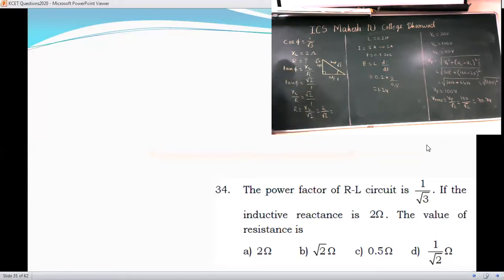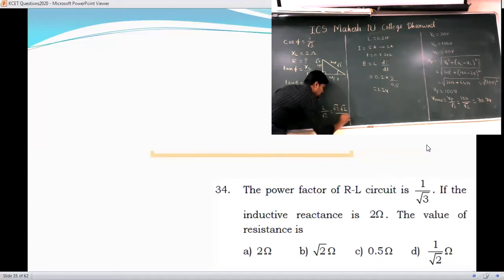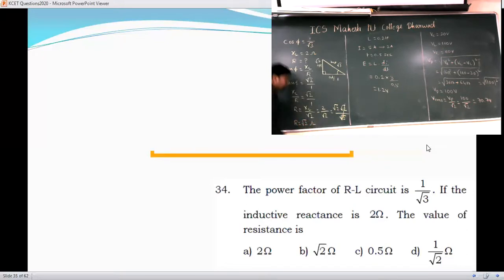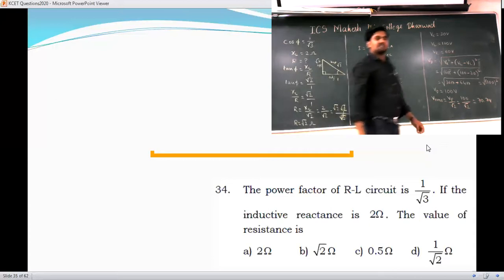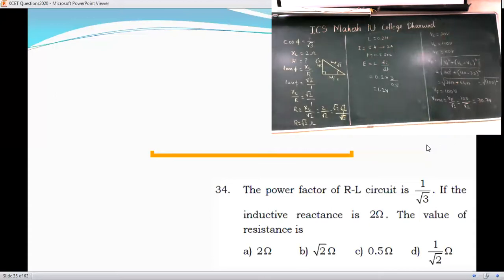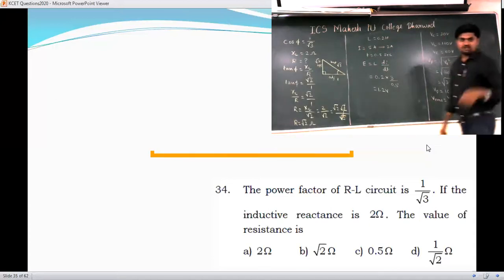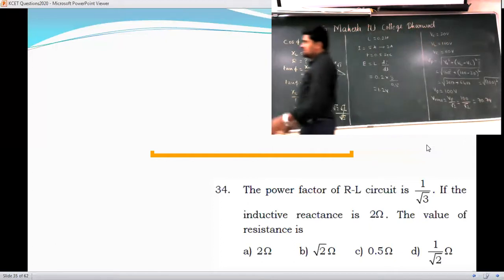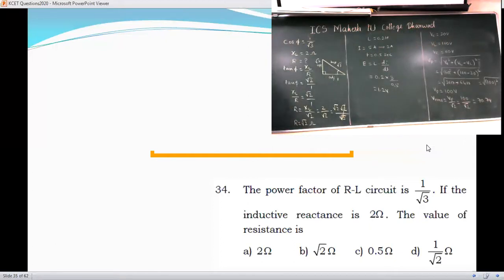I can write this as root 2 into root 2 divided by root 2. So root 2 gets cancelled. What you are left with is R is equal to root 2 ohm. This should be your answer, so what you are getting there is option B. That's it. So that is the solution for that question.